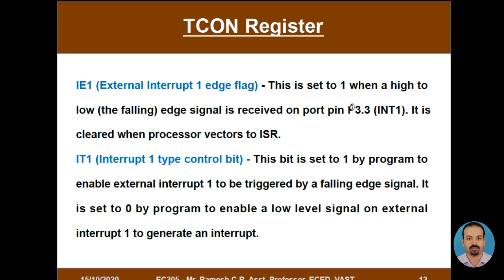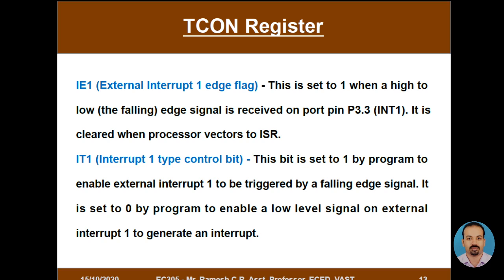So this makes the selection of the signal, and IT1 is the bit which makes the confirmation that a high to low signal which is configured should be treated by the controller as an interrupt signal. So these two, IE1 and IT1, correspond to interrupt source 1, and IE0 and IT0 correspond to interrupt source 0.